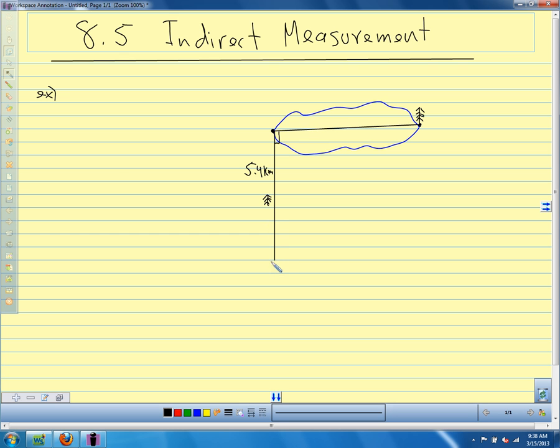And then there's another road down here that is at a 90-degree angle to the first road. The distance from the tree to the other road, we look at our odometer, and it's 3 kilometers. And we're almost done.